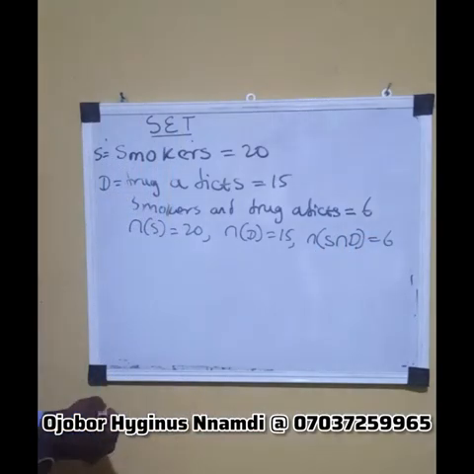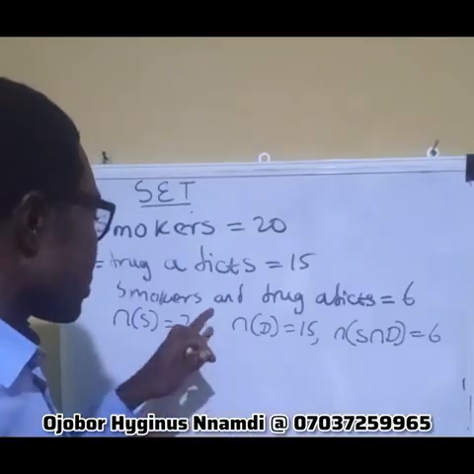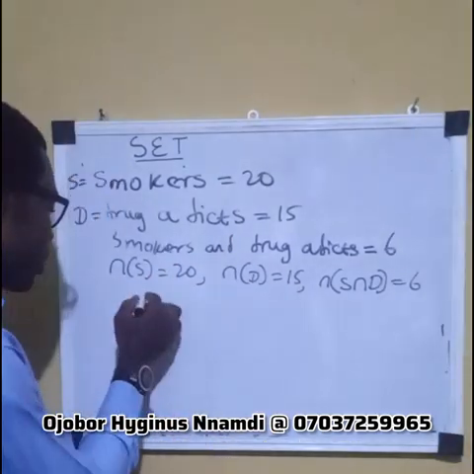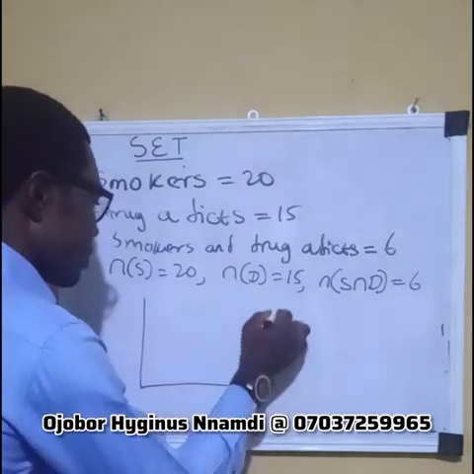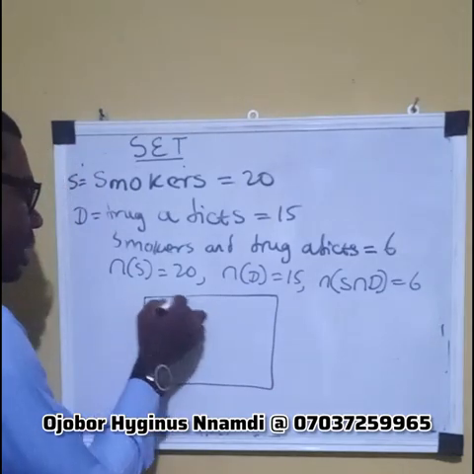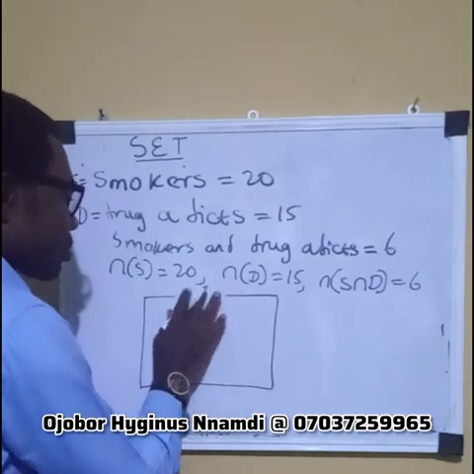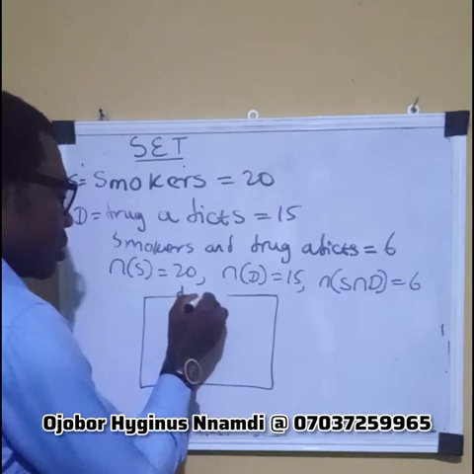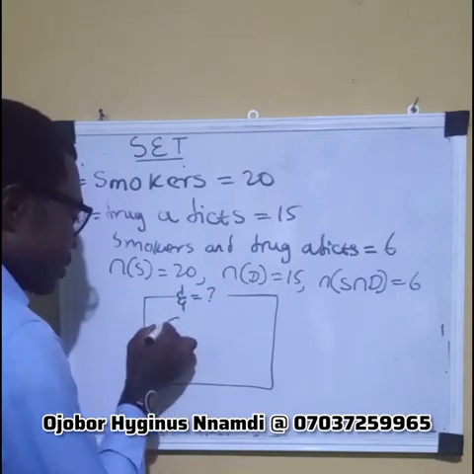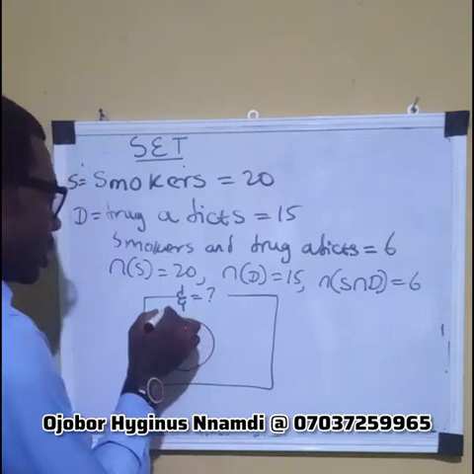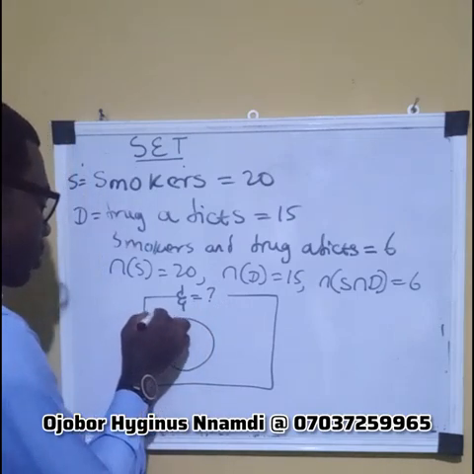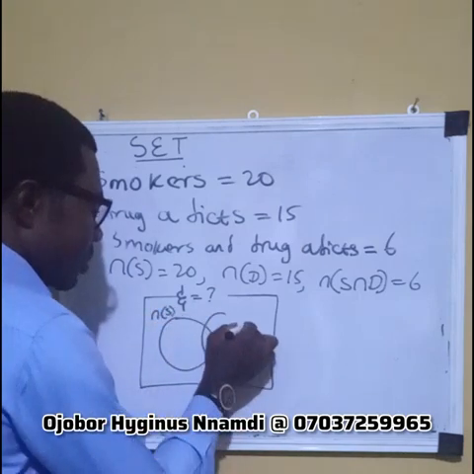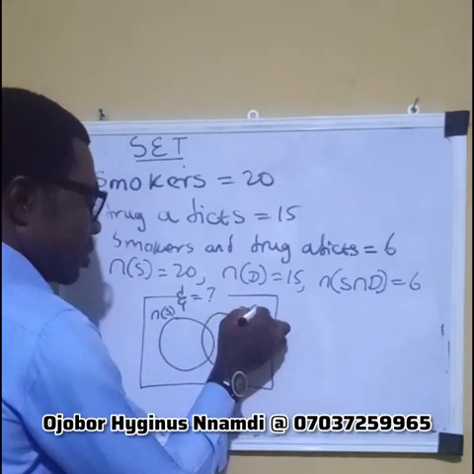So, to represent this in a Venn diagram, we have two subsets, smokers and drug addicts, in the set. You use a rectangle to stand for the universal set, which we do not know, and a circle for each of the subsets. So this is the number of smokers, while this is the number of drug addicts.